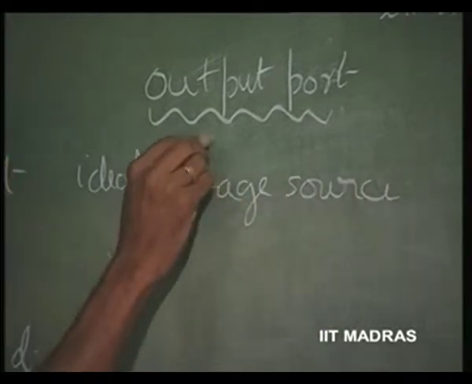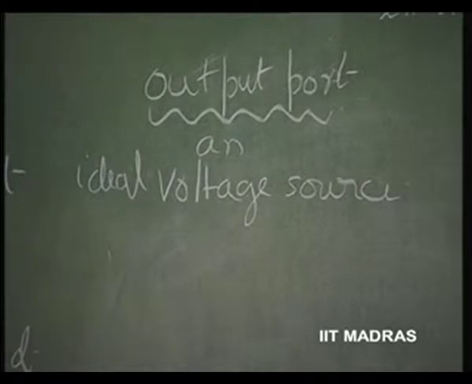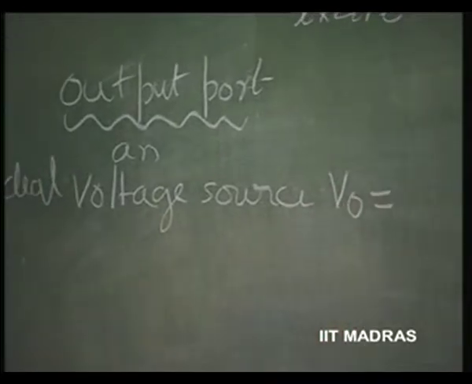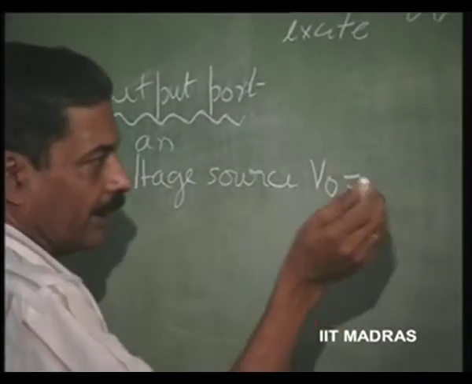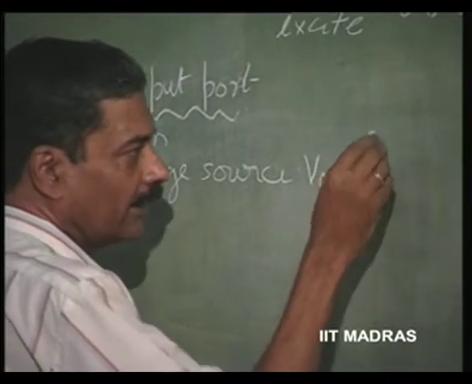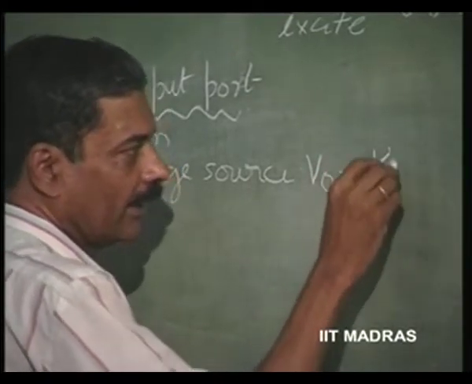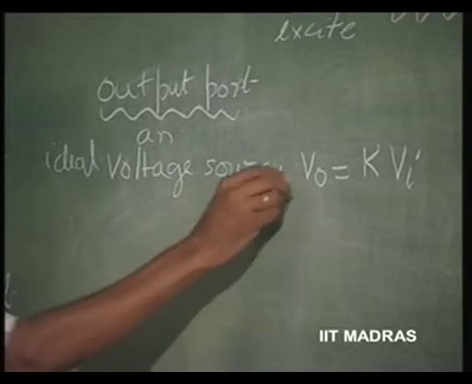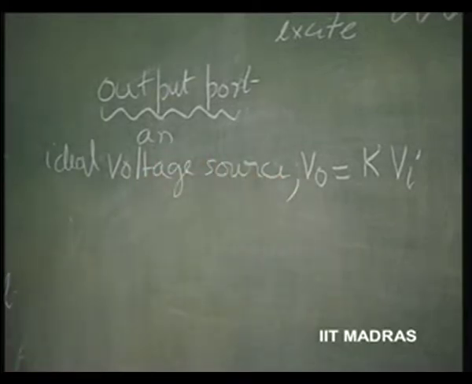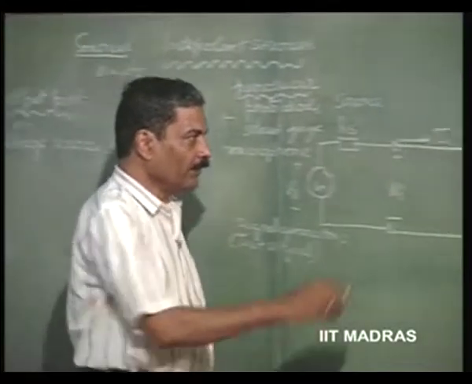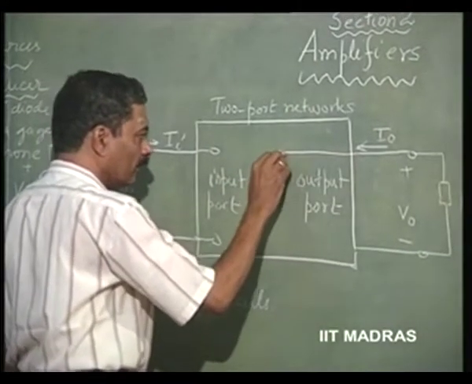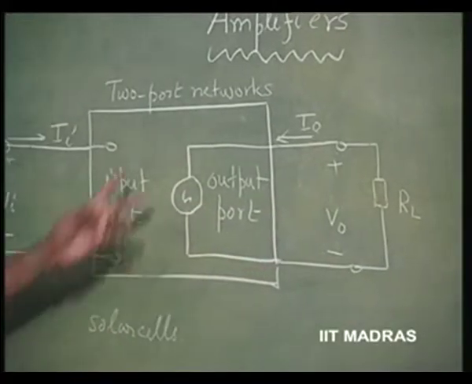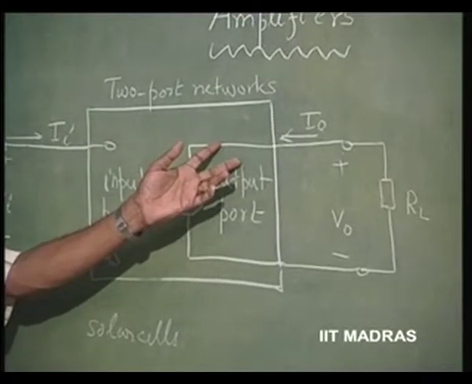So, output port is going to be an ideal voltage source, whose output voltage is going to be dependent upon the input voltage. So, we will call this as, let us say, K times V I. So, at the output port, we can now draw an ideal voltage source, that means its source impedance is 0, right.